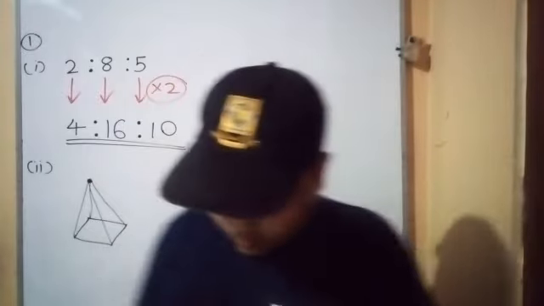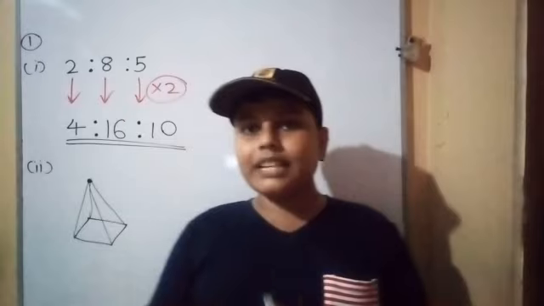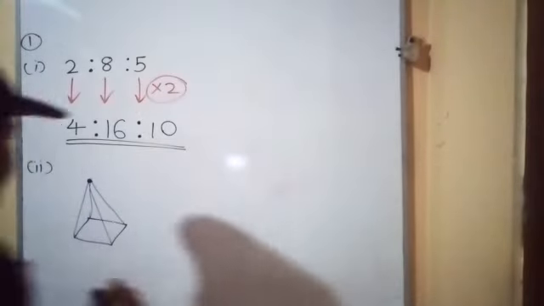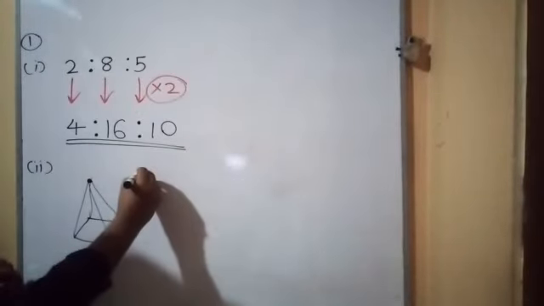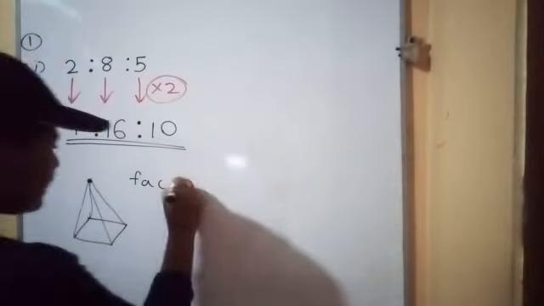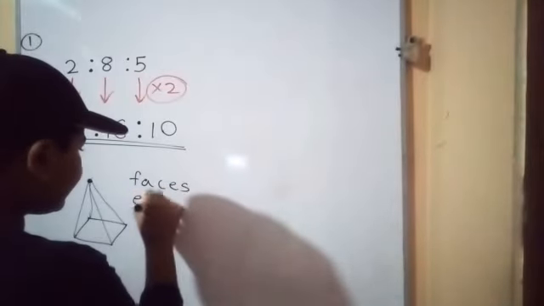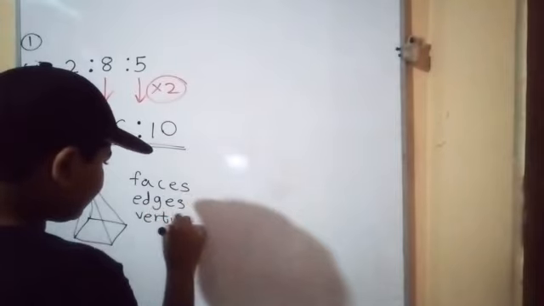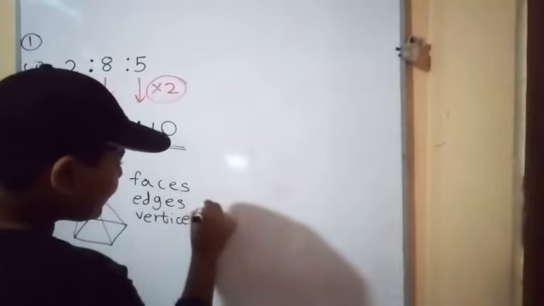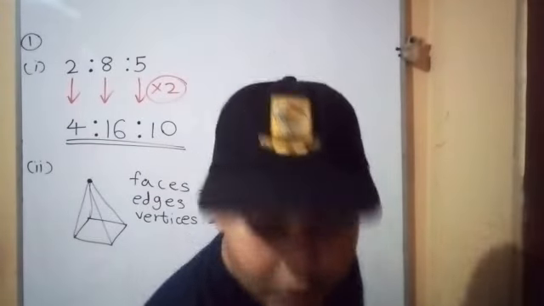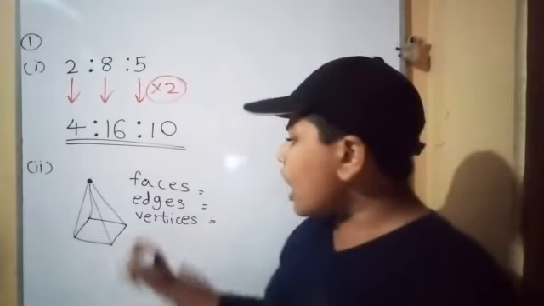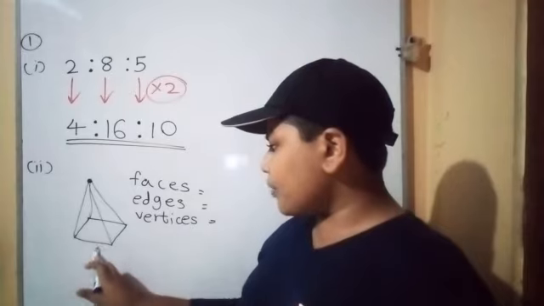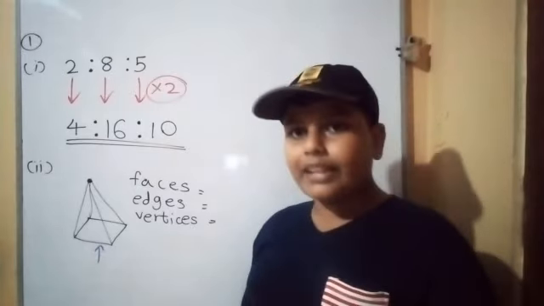Now write down the number of faces, edges and vertices. That means we need to find them. How many faces are there? At the bottom you can see a square face.